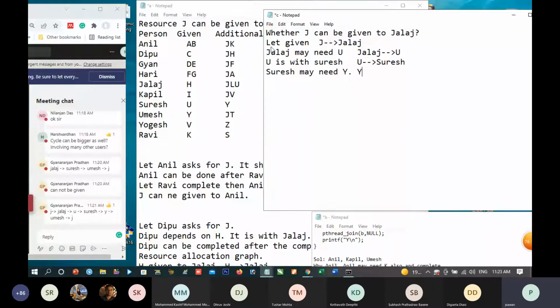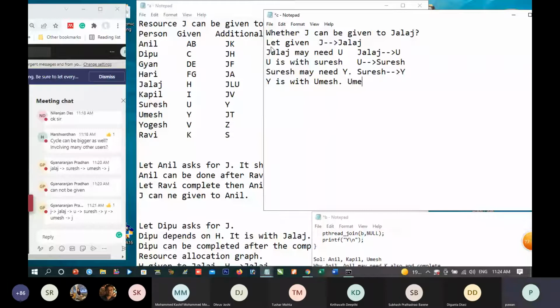Suresh may need Y. Suresh to Y, there will be an arrow.